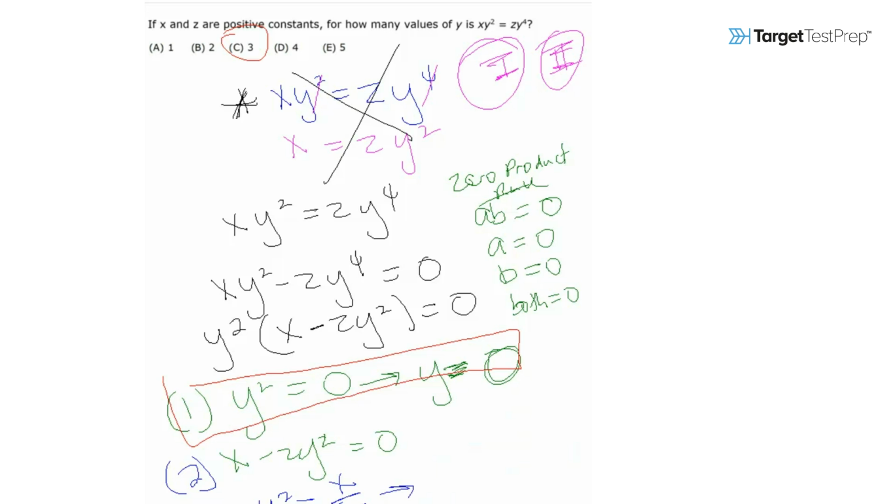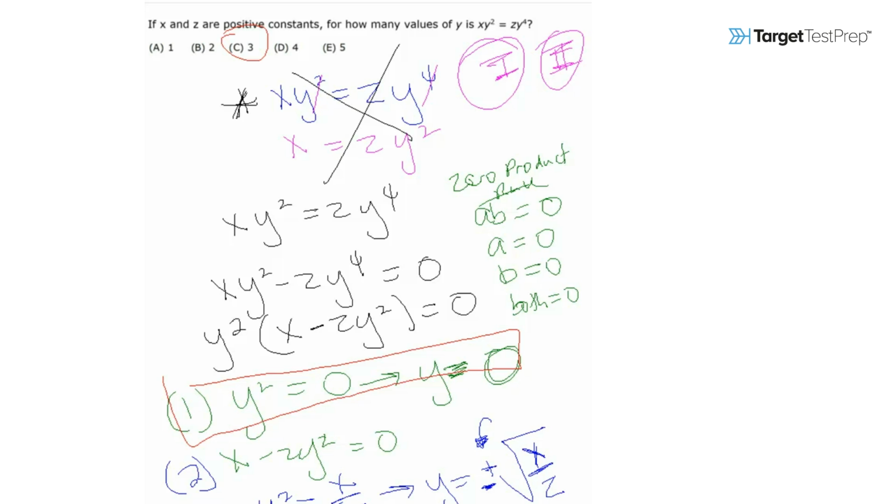Now, to solve that, you have to take the square root of both sides of the equation. So you'll say y is equal to plus or minus the square root of x over z. Of course, we have to have the plus or minus here because we've unsquared a variable, and there could be a positive solution and a negative solution.